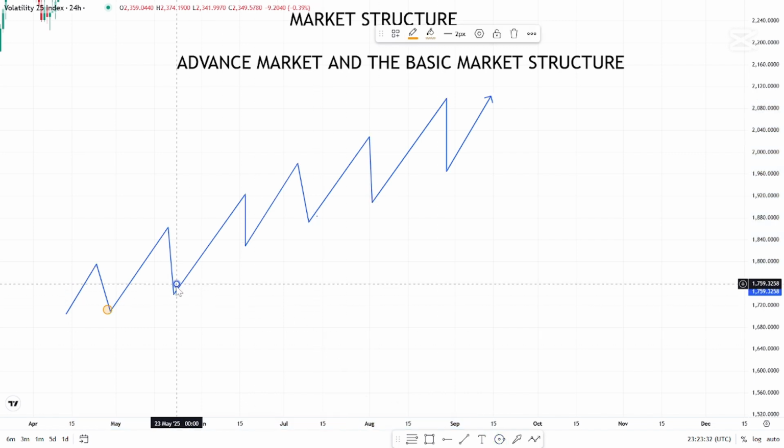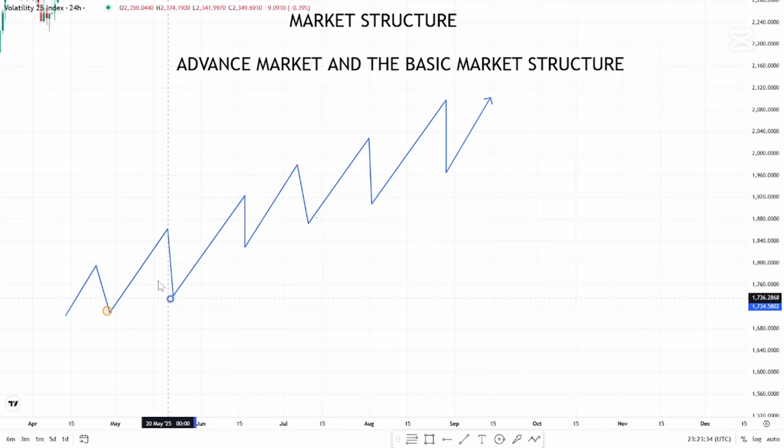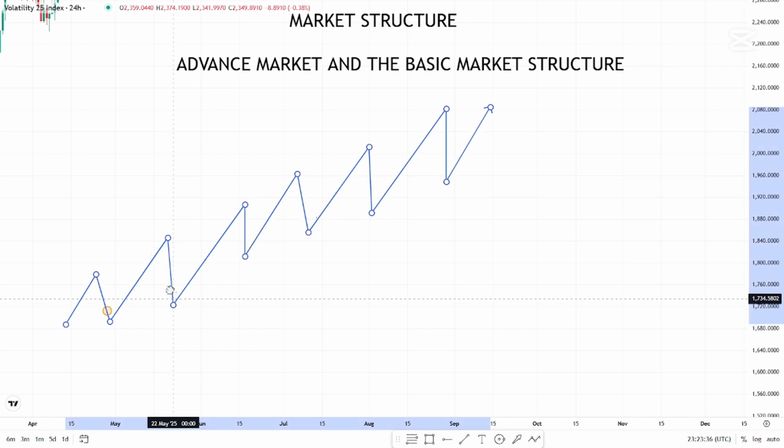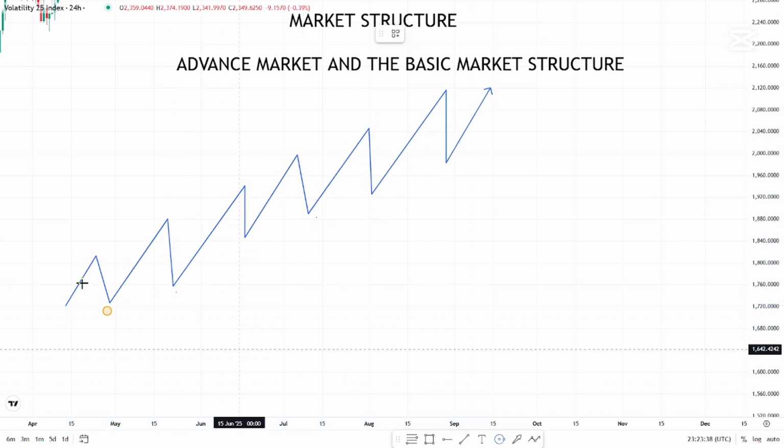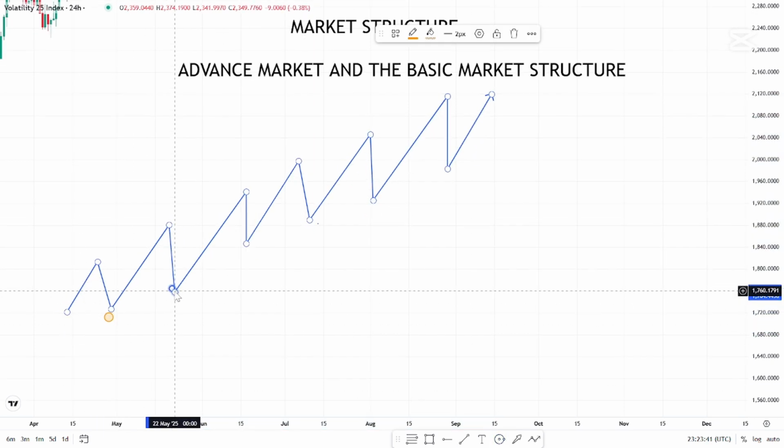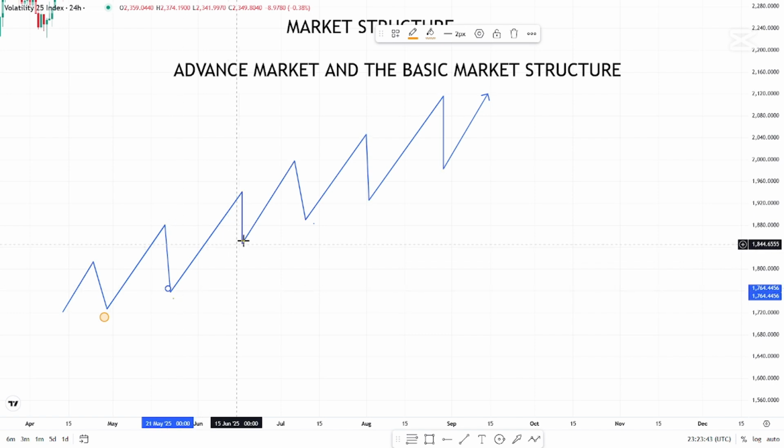You take your entry at this point. Come here, you take another entry at this point, taking more entries at this point.